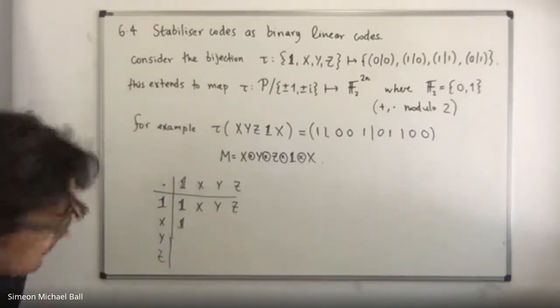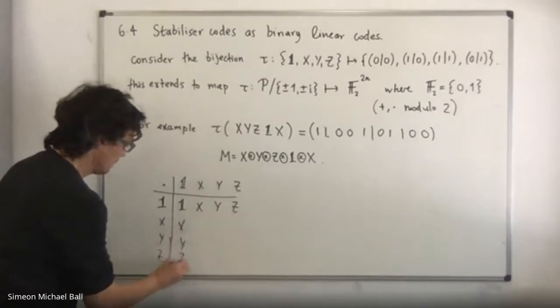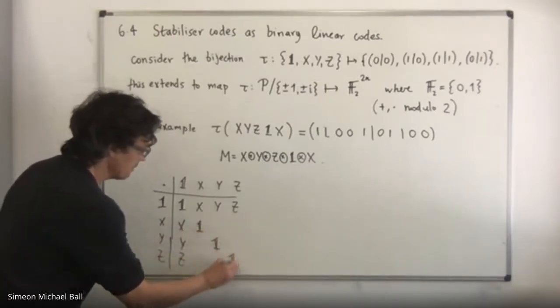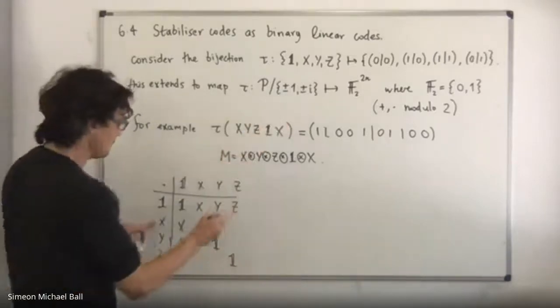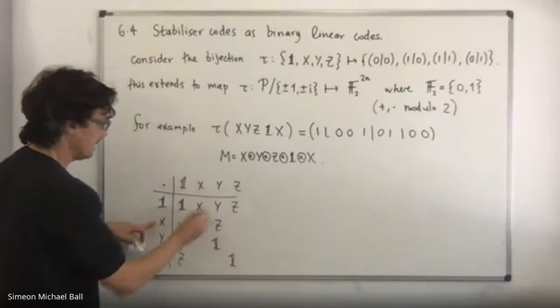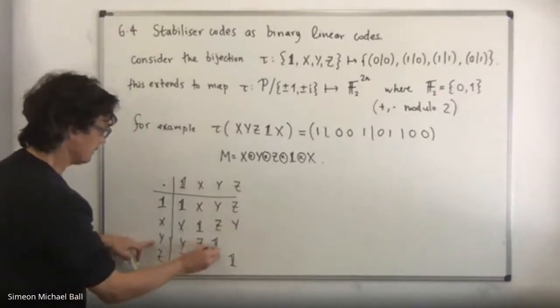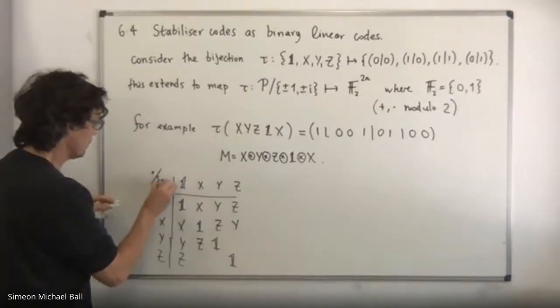There are all these things, x squared, y squared, z squared, which are all identity. X times y, if I'm forgetting about the sign, and x times z, if I'm forgetting about the sign, is y, that's z. So let's do multiplication modulo plus or minus 1, plus or minus i.